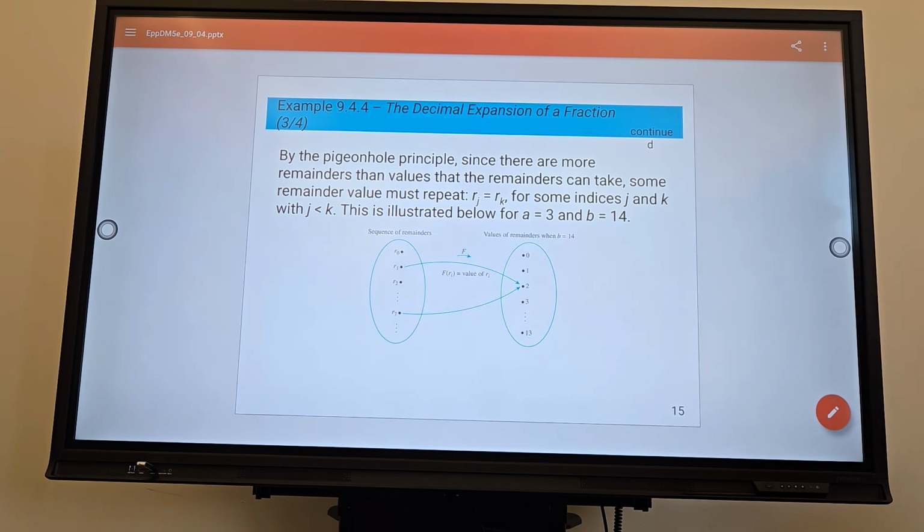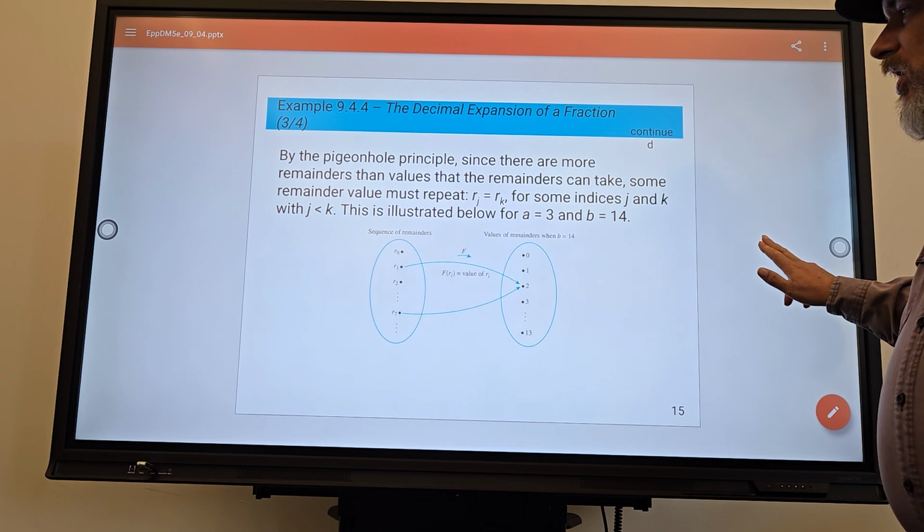By the pigeonhole principle, since there are more remainders than values that the remainders can take, some remainder value must repeat: Rj equals Rk for some indices j and k, with j less than k. This is illustrated below for a equals 3 divided by b equals 14.